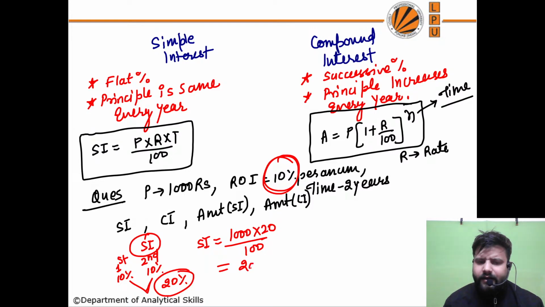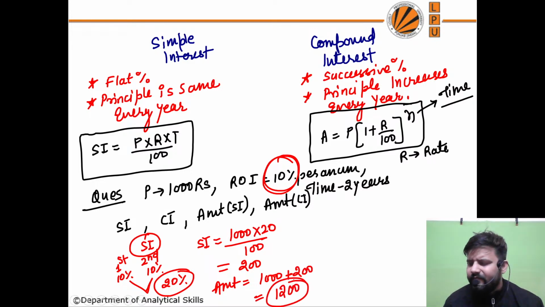So this will be 200. And the amount in simple interest would be principal, which is 1000, plus 200, which will be 1200. This we did with the logic of percentage. You can put it into this formula also. Everything will be fine in this.